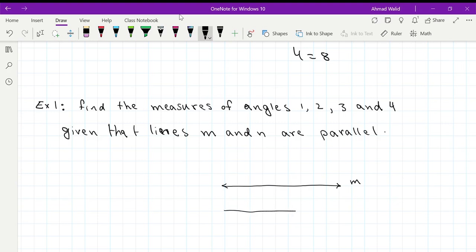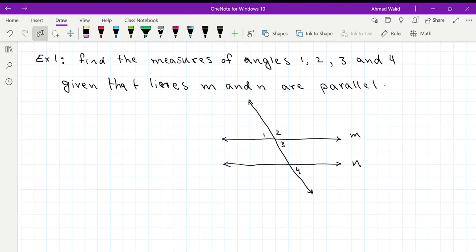The name is N. We have a transversal intersecting these two lines in 2 points. This is angle 1, this is 2, this is 3, and they name this one 4. They are asking you to find the measures of these angles given these things.